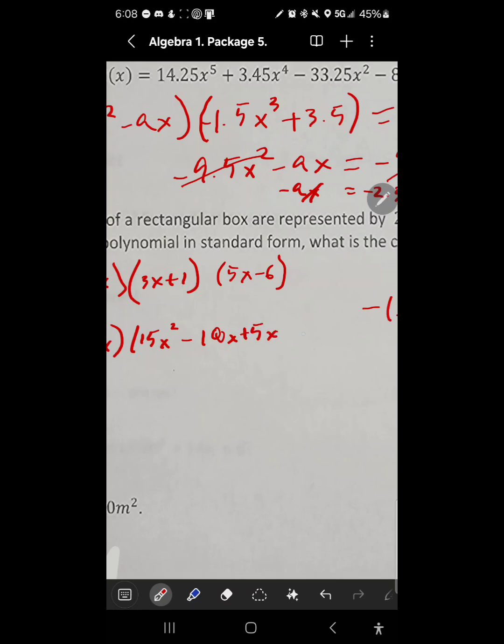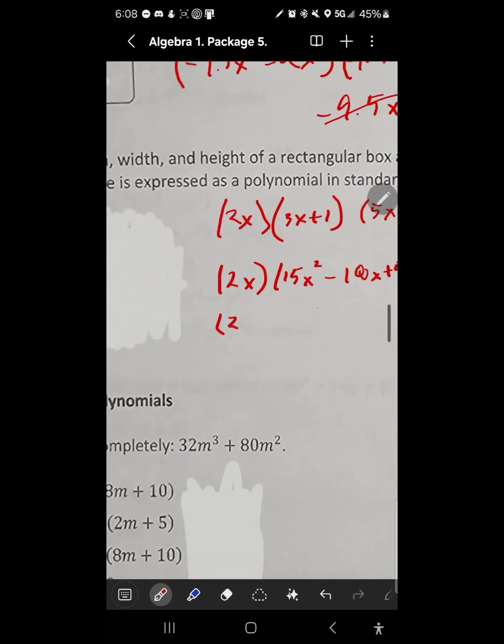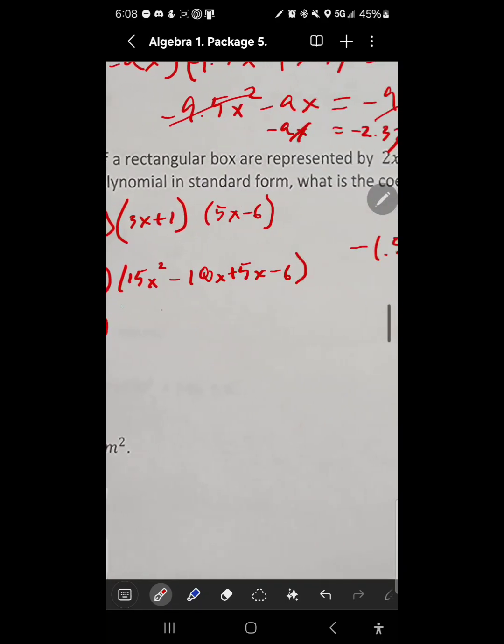We keep the x, and 1 times negative 6, minus 6. So we keep here the 2x. We have 15x squared. You see this has an x, this also has only one x. So we keep the sign of the greater, which is going to be 18, so minus, and then 18 minus 5 is just 13. And we keep the x, so minus 13x minus 6.